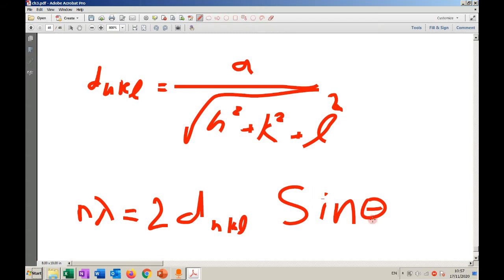Well, we have theta, we have n, which is 1, the order of reflection, if it's not given, it's 1, the wavelength we have, and theta for each peak we have.